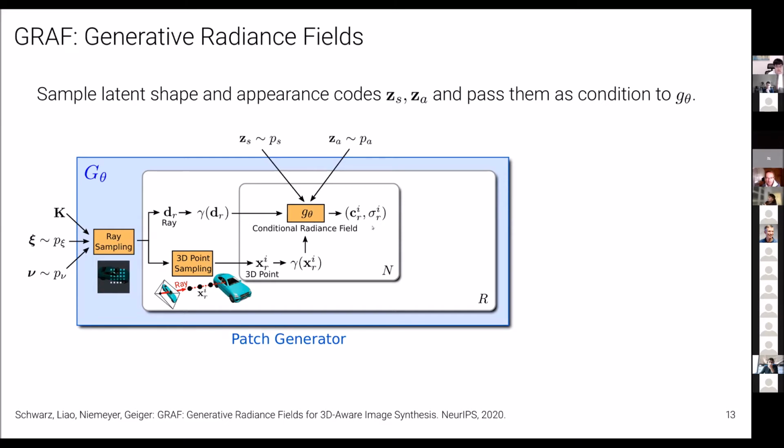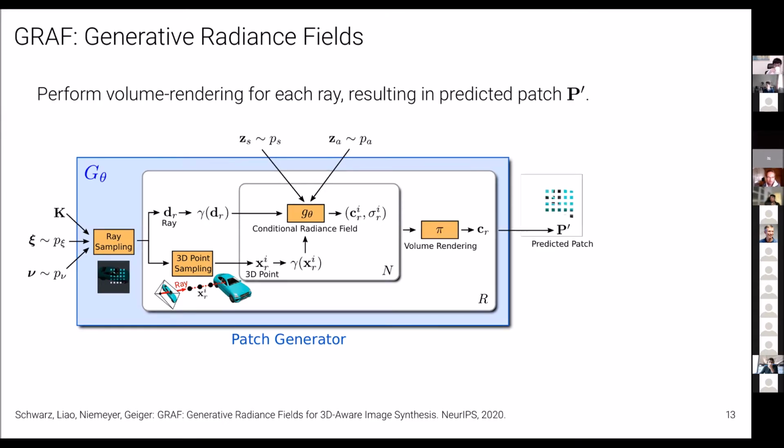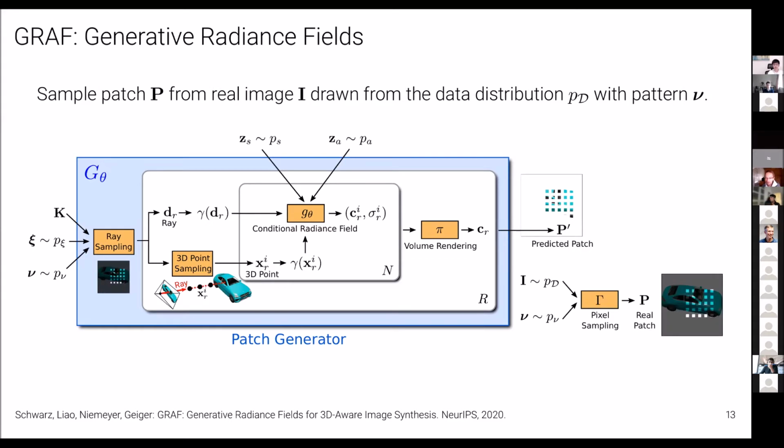And the output of this conditional radiance field is then the color and the density for each of these points along each of these rays in the pattern. And then we apply volume rendering, which is basically just doing alpha composition on these points in order to render the pixel colors for this particular patch that we have sampled. And this is what we call the predicted patch P dash.